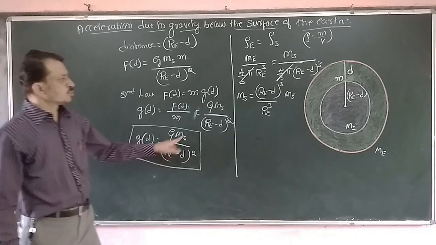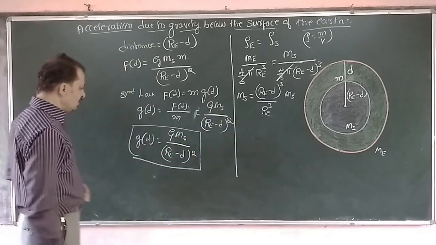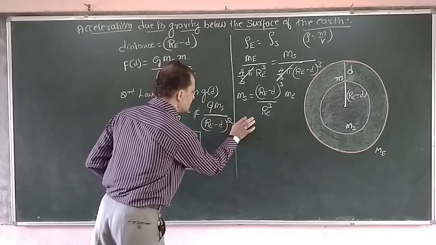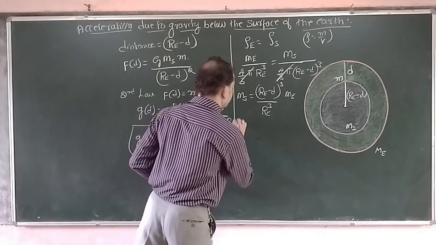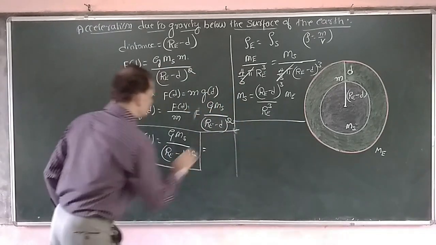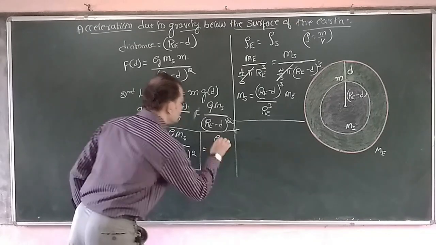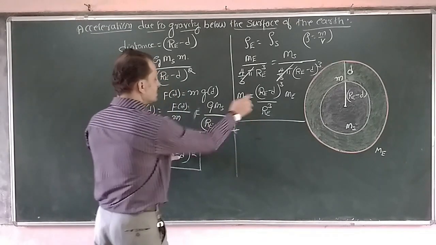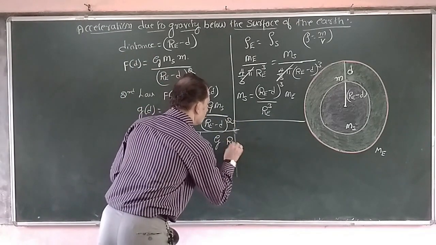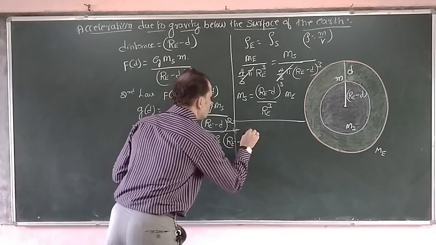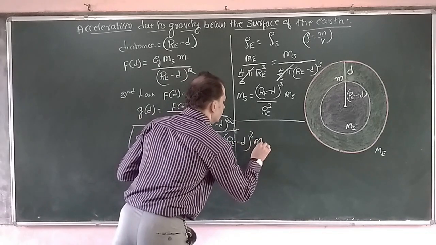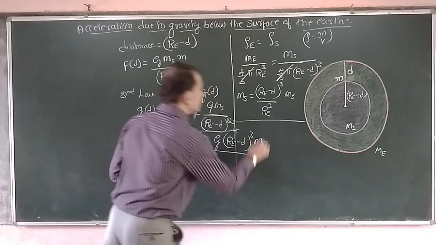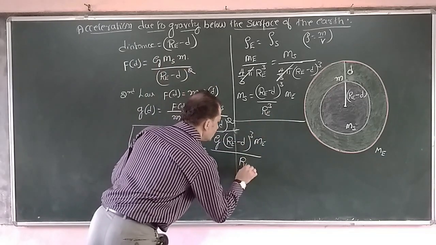So if I substitute this relation in this formula, look here, this G Ms is replaced by Re minus d whole cube into Me, whole thing divided by Re cube.